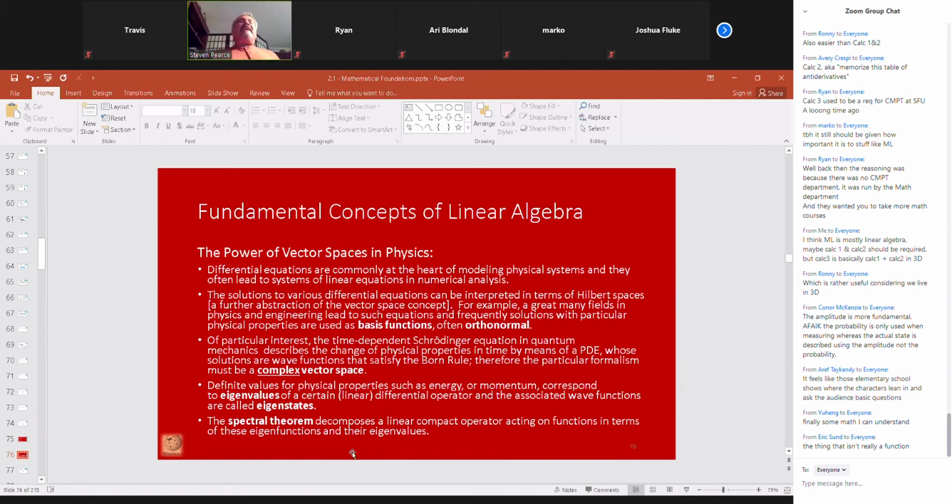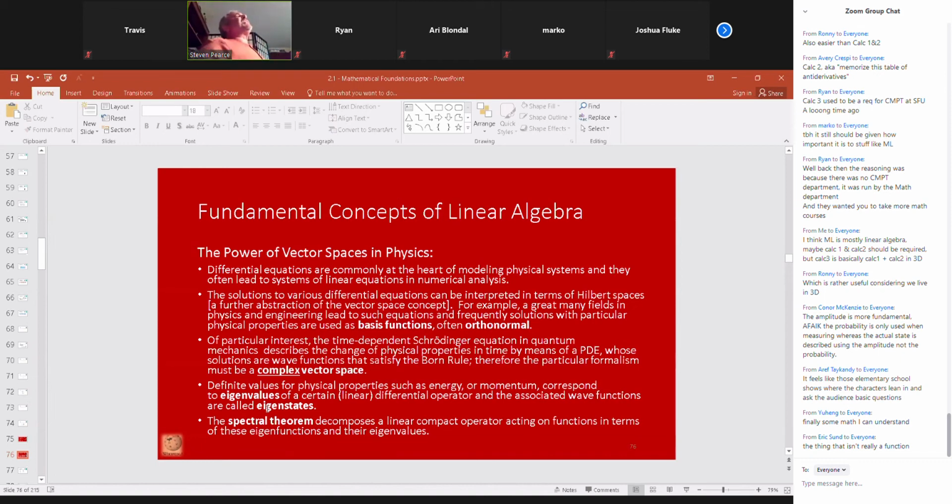And so you can just keep reading this. We're just reiterating why we use the complex vector space. Definite values for physical properties such as energy or momentum correspond to eigenvalues of certain linear differential operators, and their associated wave functions are called eigenstates. That's very important for you to know. You all know what an eigenvalue and an eigenvector is.